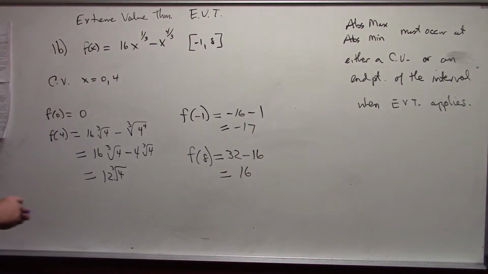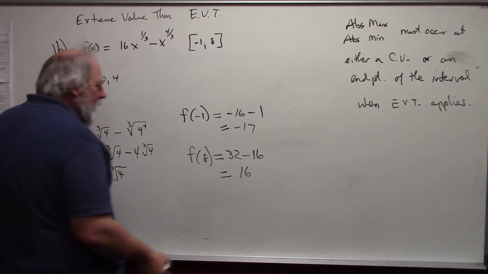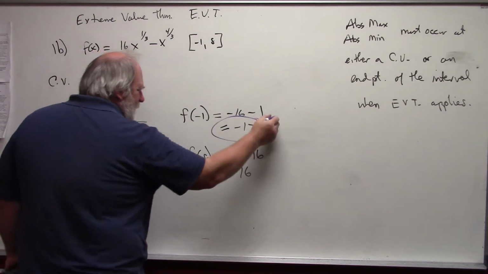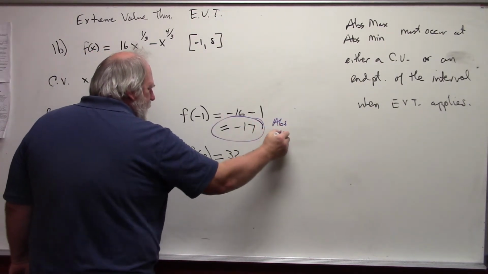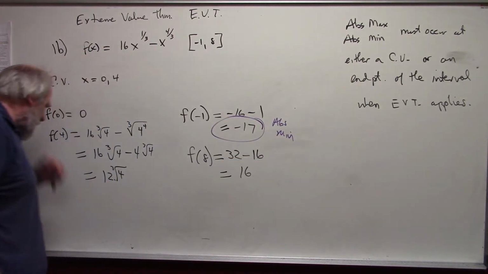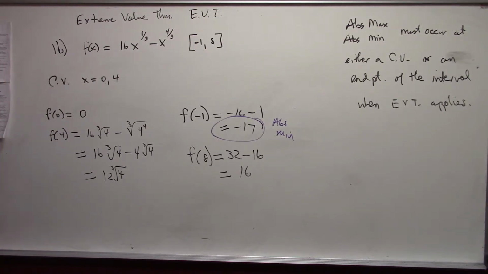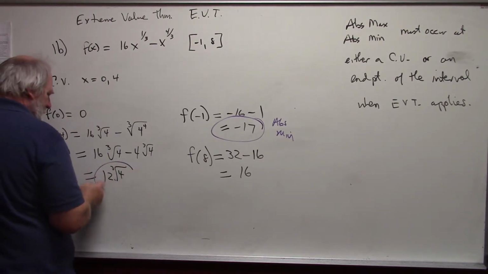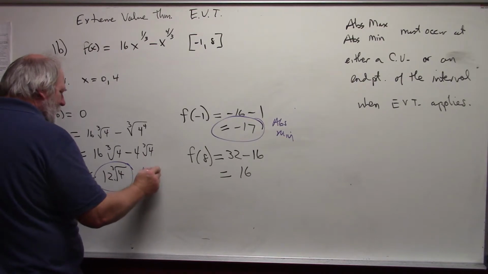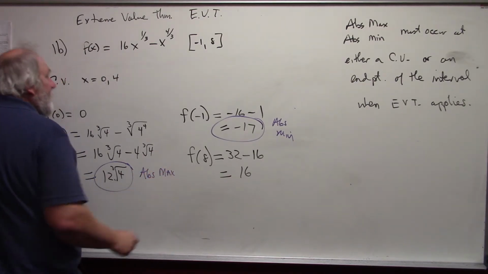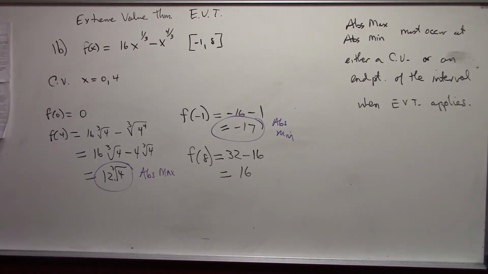And so I will let you determine, but obviously this is going to be your absolute min. It's the only one of these that is negative. And if you use a calculator and check, you will find that this is the absolute max. You should check that on your own.